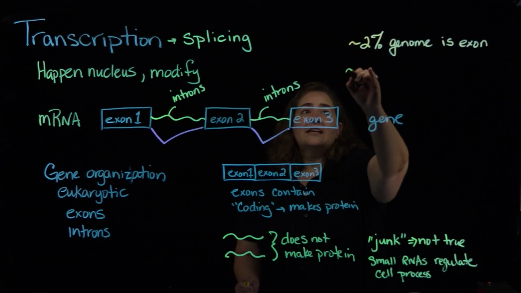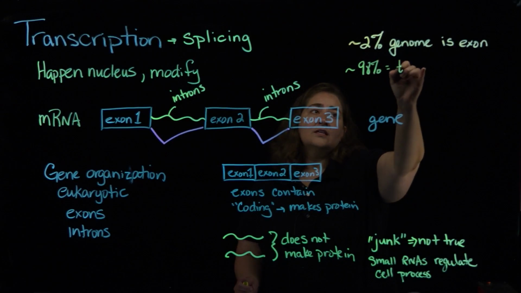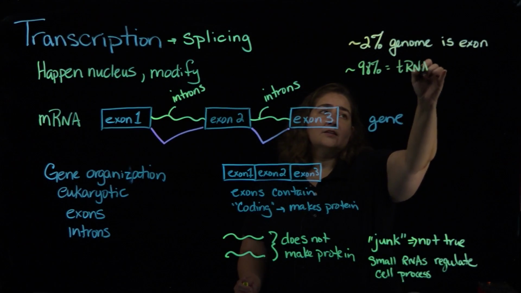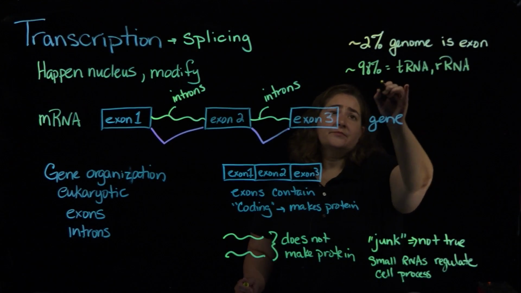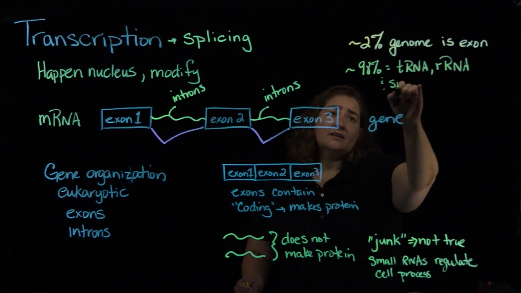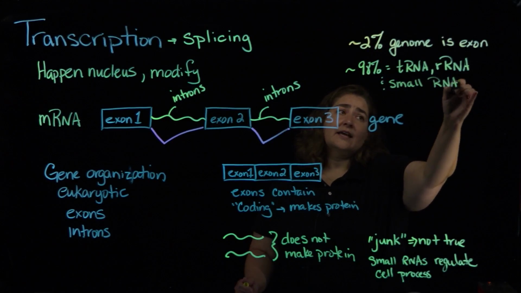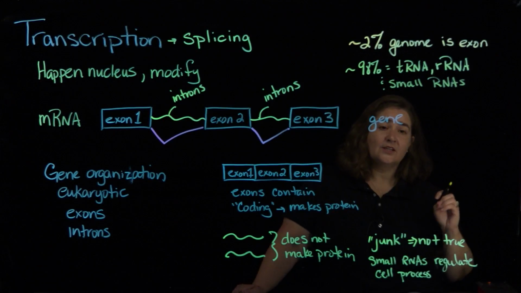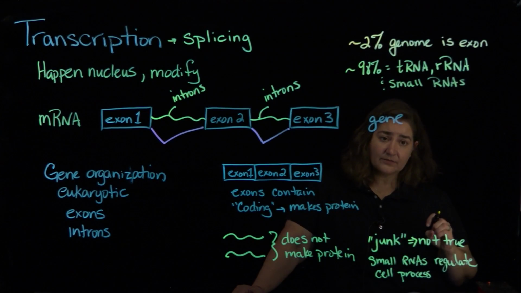That other 98% is going to form things like your tRNA, your ribosomal RNA, and your small RNAs that actually function in regulating cellular processes within the cell, okay?